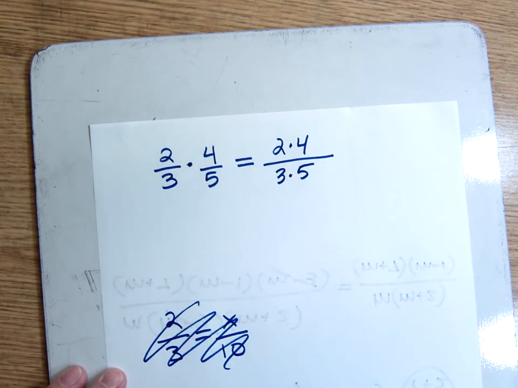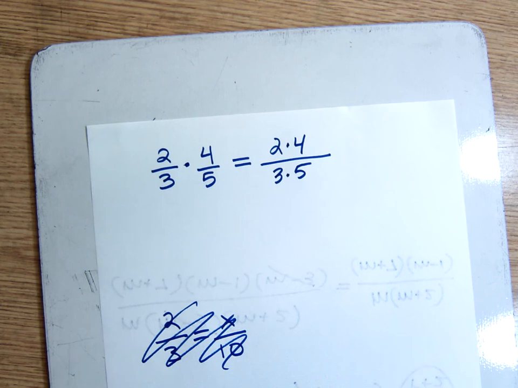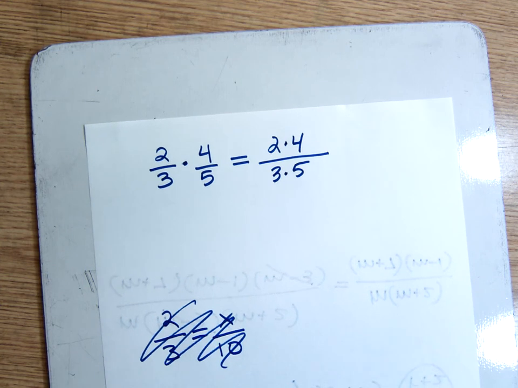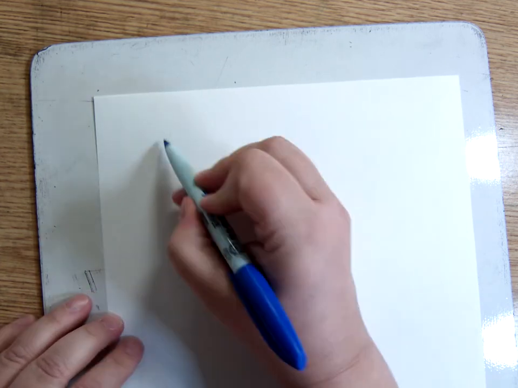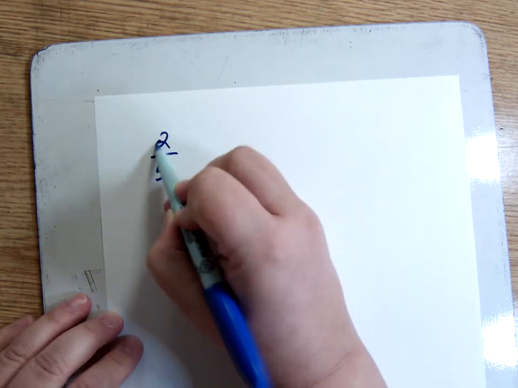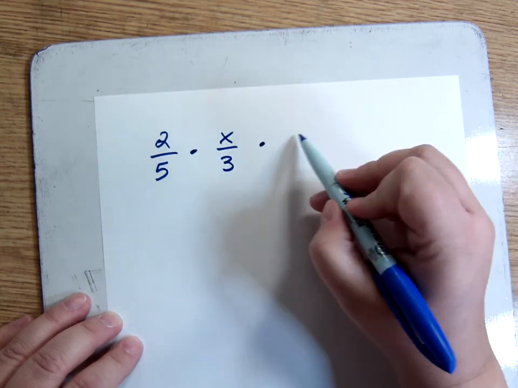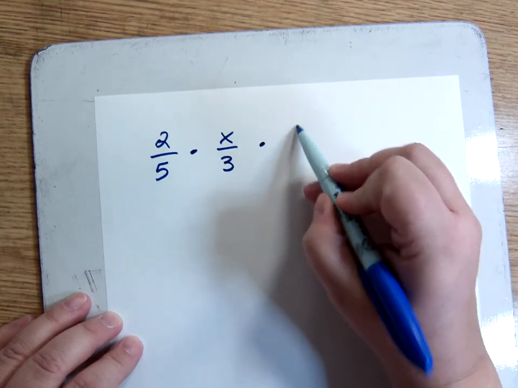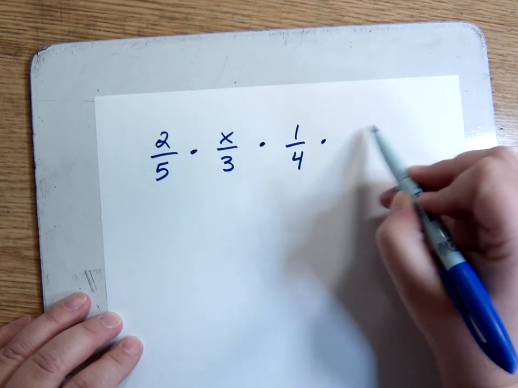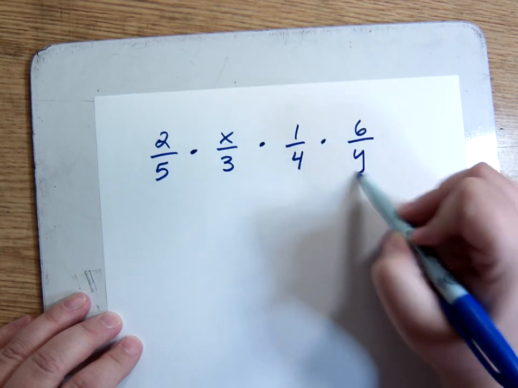Okay? Let's suppose, new piece of paper here, I have 2/5 times x over 3 times 1/4 and 6 over y.